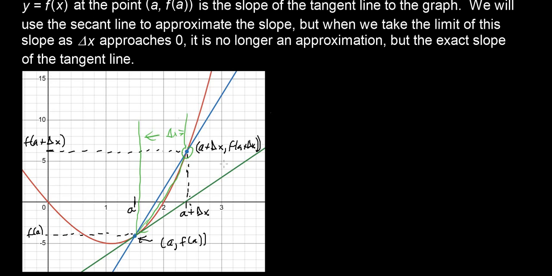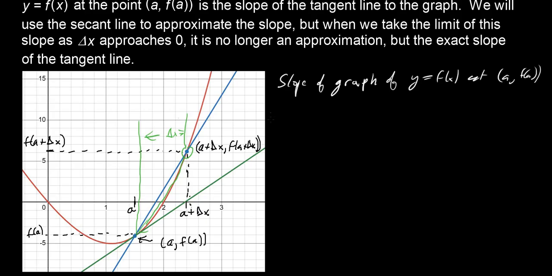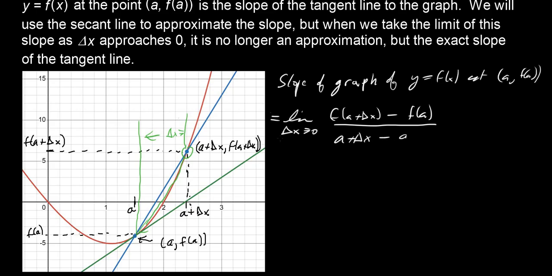So anyway, let's follow that process here. The slope of the graph of this generic function y equals f of x at the point a, f of a is really just the limit of the slope of the secant line as delta x goes to 0. So we're taking the limit as delta x goes to 0. And the slope is change in y over change in x. That would be f of a plus delta x minus f of a, over the change in x, which would be a plus delta x minus a.